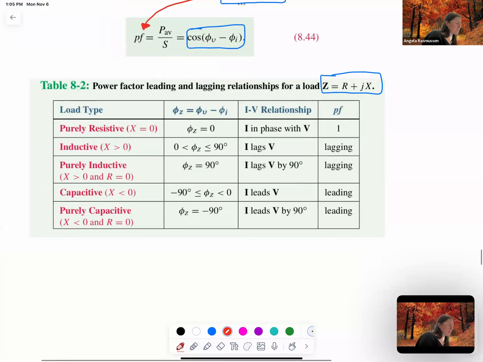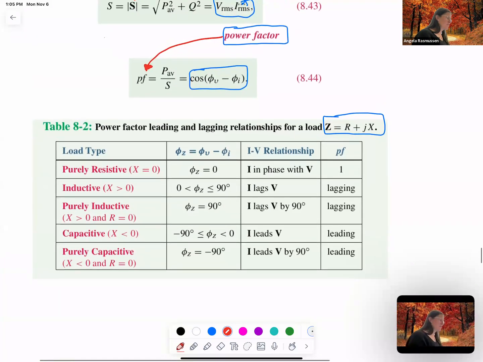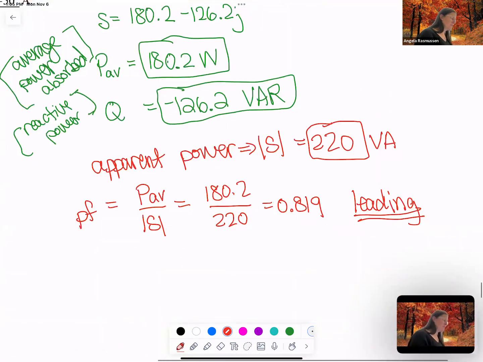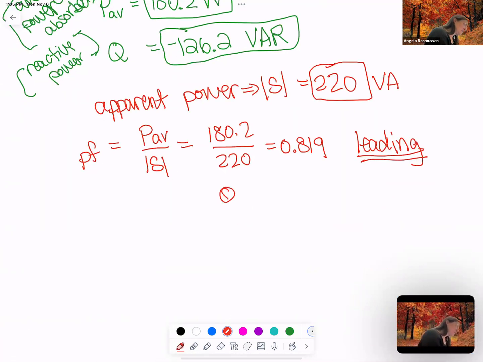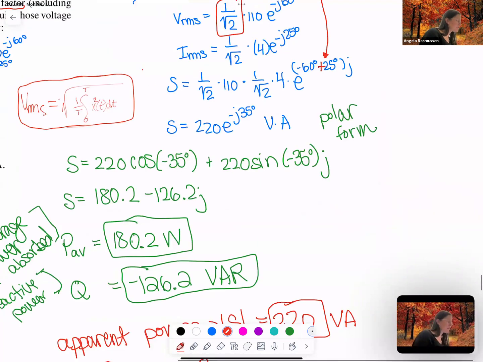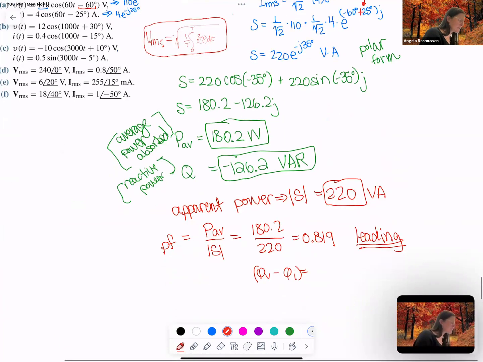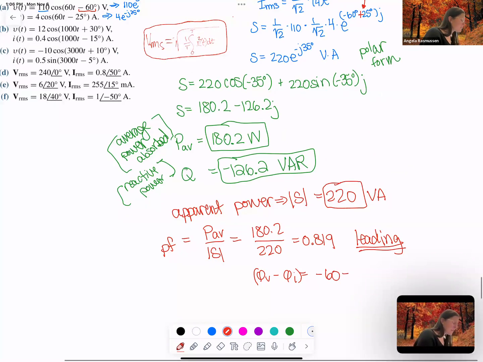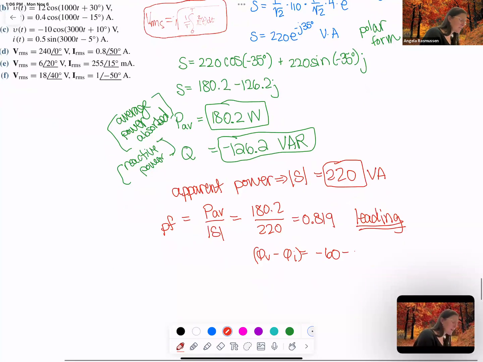So on this one, it's the angle of V minus the angle of I. And so the angle of V was minus 60, and the angle of I is minus 25.